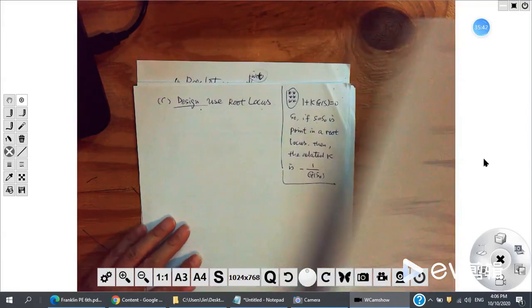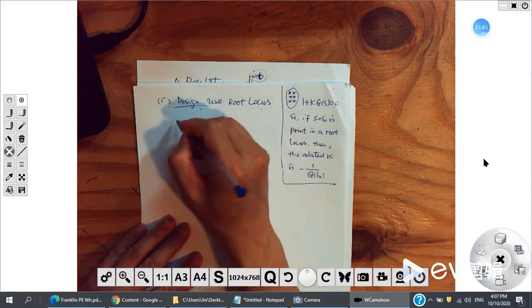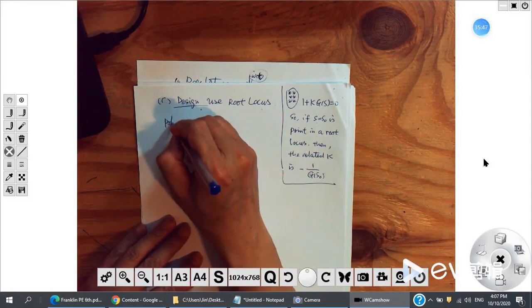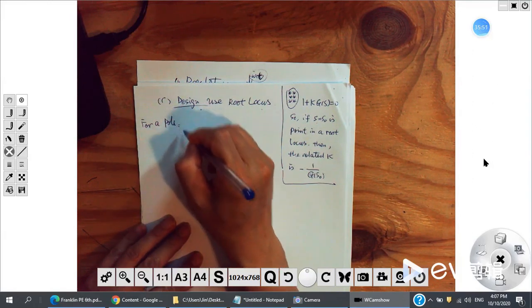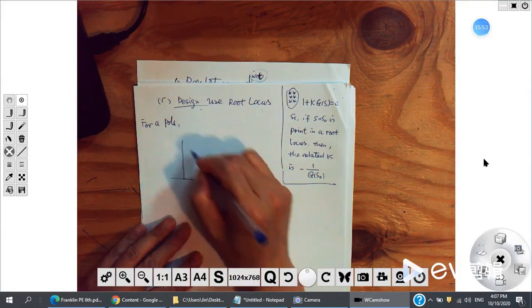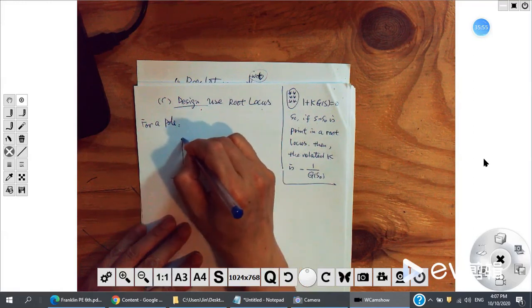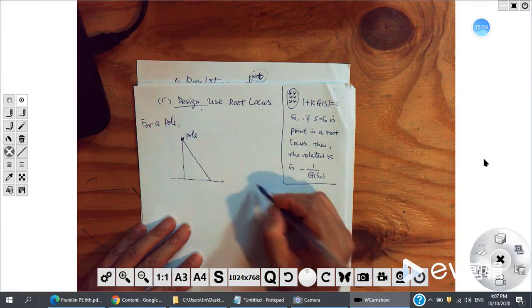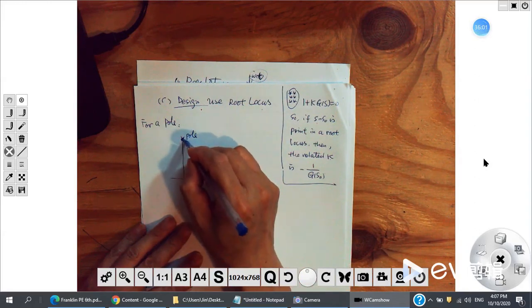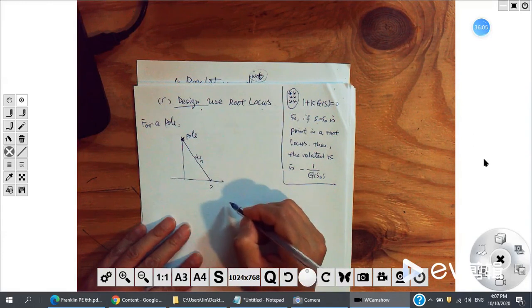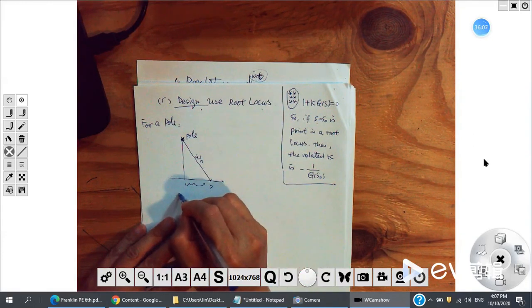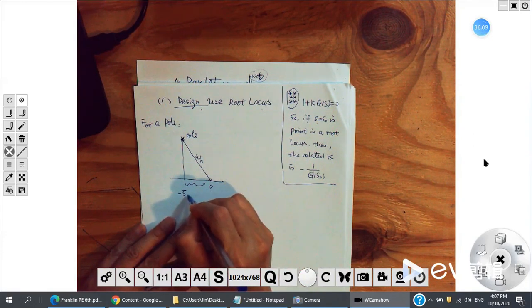The pole, you should understand. If this is the pole, then the distance from here to the origin will be omega n, and this value will be negative zeta omega n.